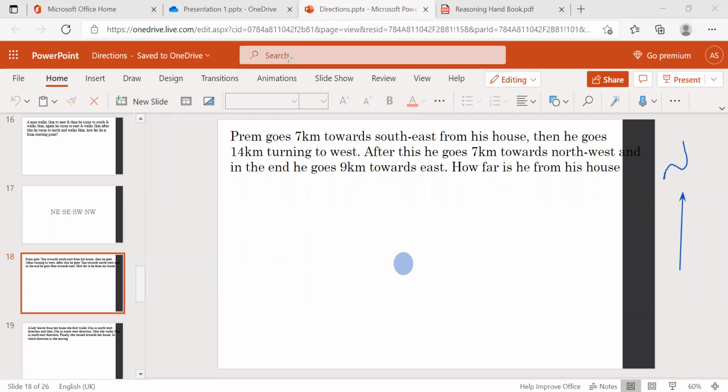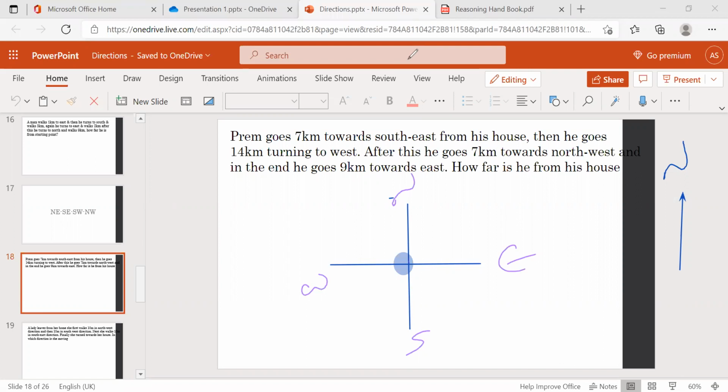Just assume this is the house, and here north, east, south, west. Prem goes 7 kilometers towards southeast.